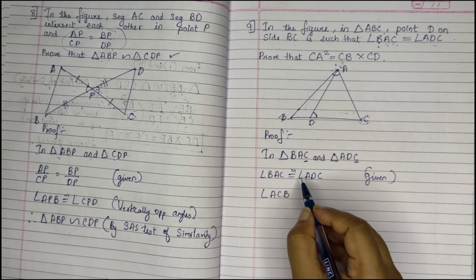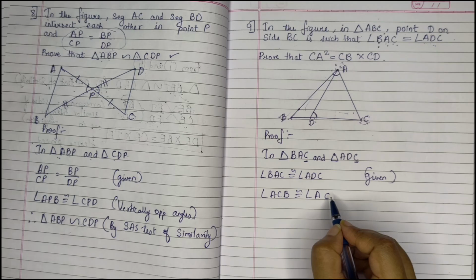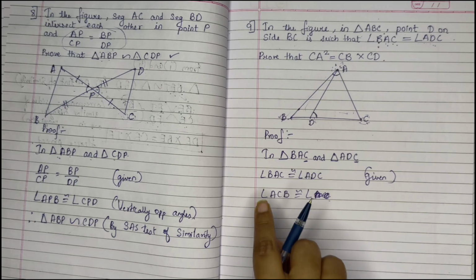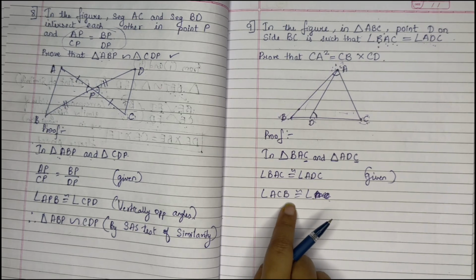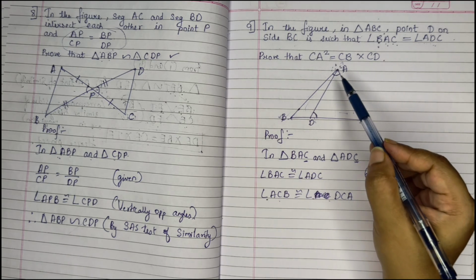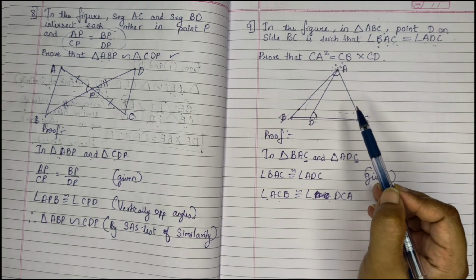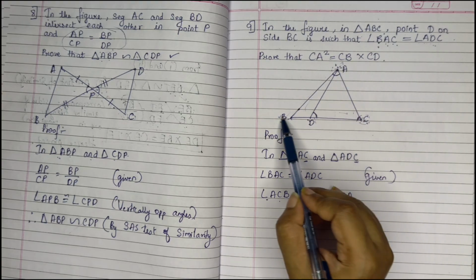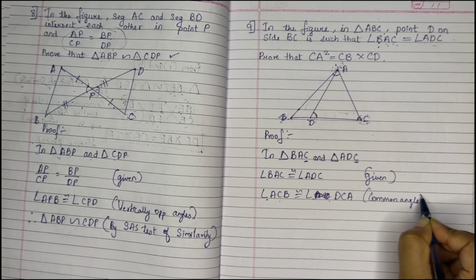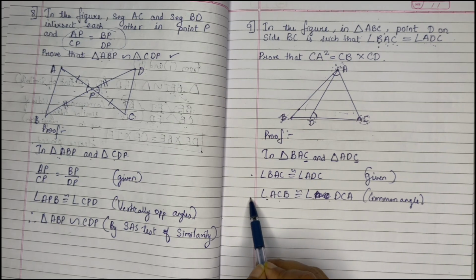ACB is congruent to angle DCA. C is common for both. So both these two triangles we have taken, that is the common angle. Now we got two angles over here. One was given and the other one was the common angle.